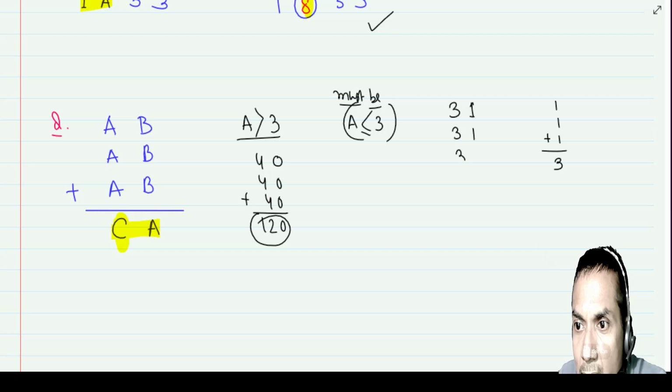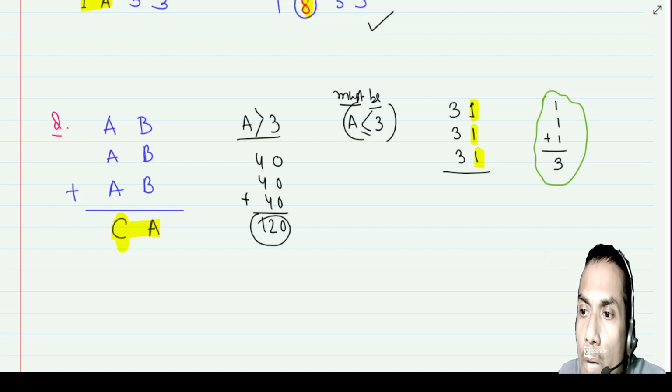We get the left side 3. Okay, why consider 1? By looking at this, 1 plus 1 plus 1 is equal to 3, so this will generate the value 3.